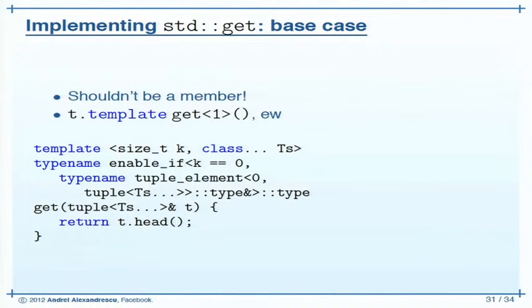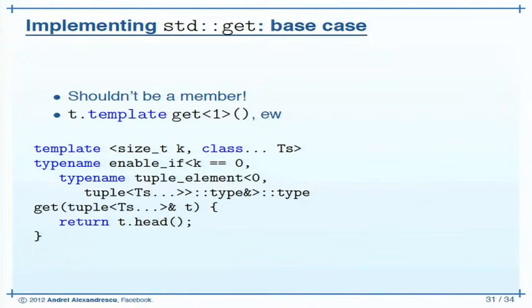To wit, we start with the specialization for k equals 0. And again, I'm availing myself of enable_if, which you can think of as a way to restrict a template from kicking in, right? So I'm restricting it to k equals 0. So if k is 0, this works, essentially.